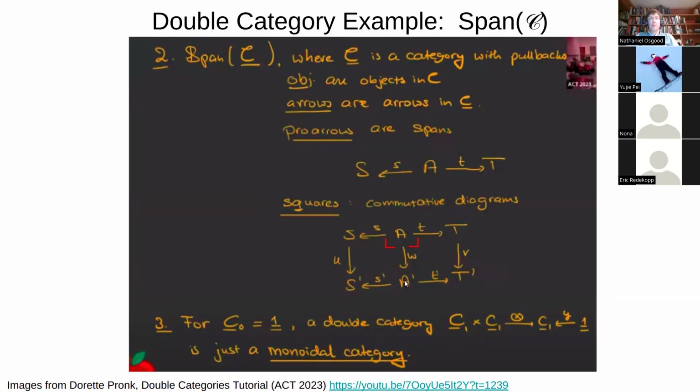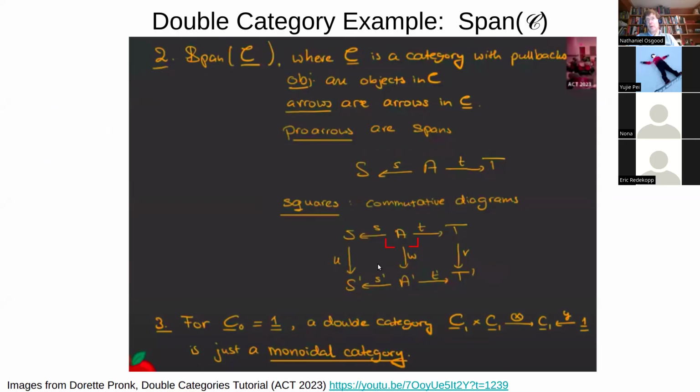So this is a span like this, and if this is a commuting square, so this is a pushout, and that's a pullback, and this is a pullback. Then there's a 2-cell here between S prime and T prime. There's a 2-cell between S and T, S prime and T prime, with U and V, and with these along here.